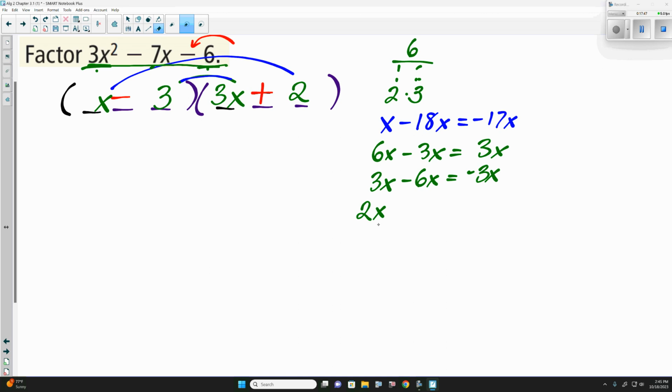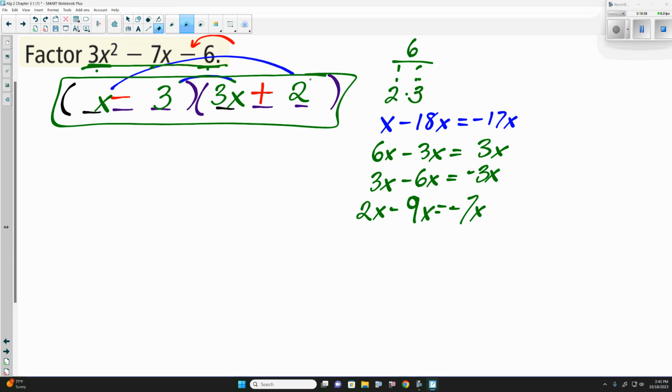Negative 3 times 3x would be negative 9x. 2x minus 9x is negative 7x. That is the middle term we want, yes? Yeah. So that's the correct factors. All the ones that we will have on this assignment will be factorable. It's just finding them. Questions on any of this here?